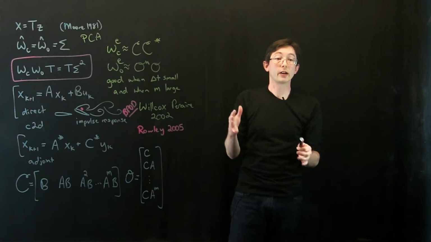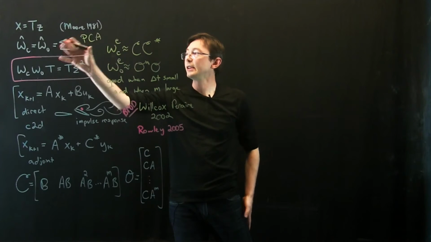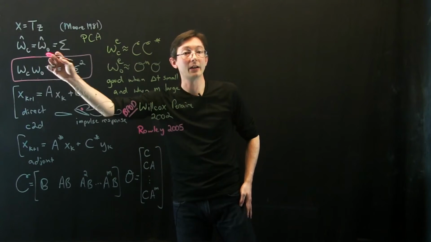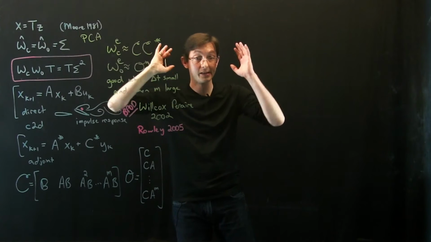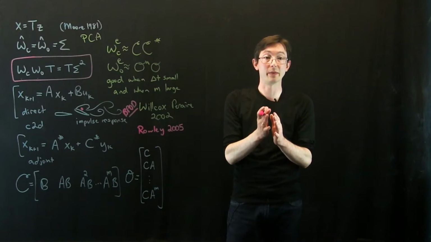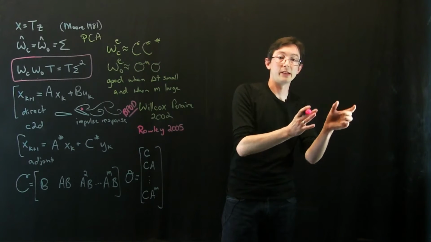Okay, so we're going to find the leading R columns of T, the stuff that we want, the balancing transformation into these balanced coordinates.